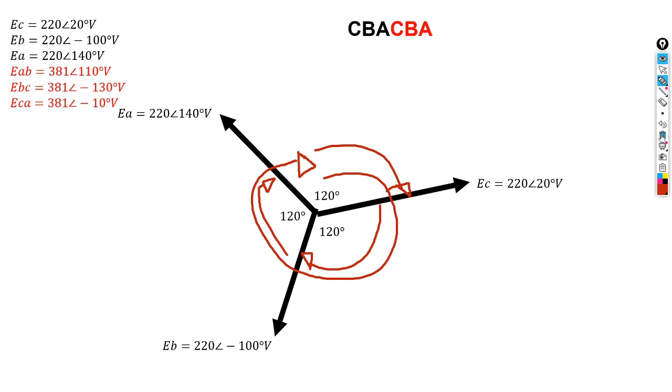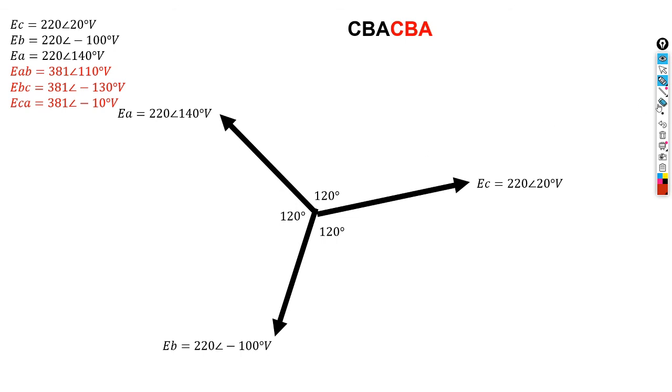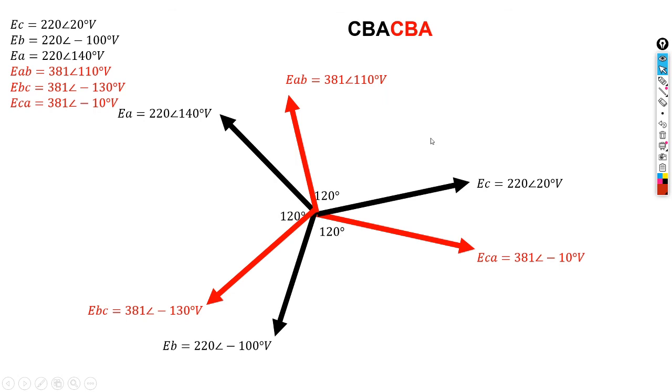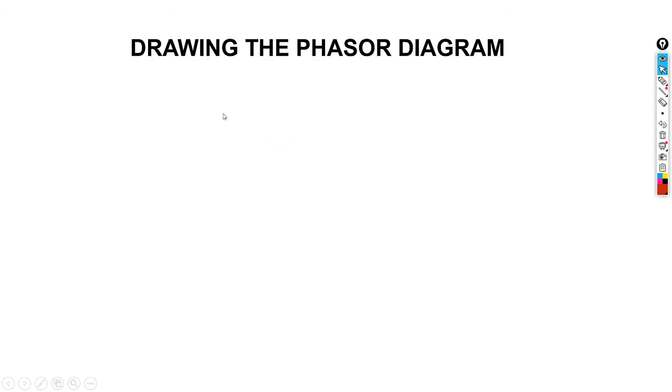So when it comes to your line voltage, you can see that the split is 30. The split between this and this is 30, between that and that is 30, between this and this is 30.